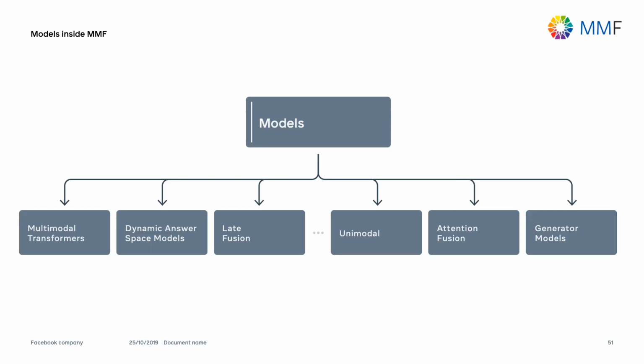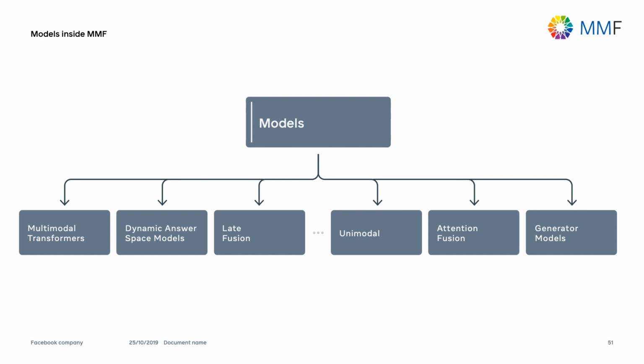So models inside MMF belong to multiple categories. We have a lot of models inside MMF. They can be multimodal transformers like VisualBERT, ViLBERT, PixelBERT, and MMBT, then dynamic answer space models like LoRRA and M4C, which are specifically useful for TextVQA kinds of problems where they point to some dynamic answer space.